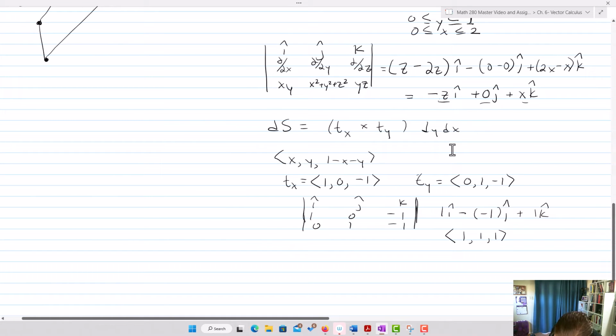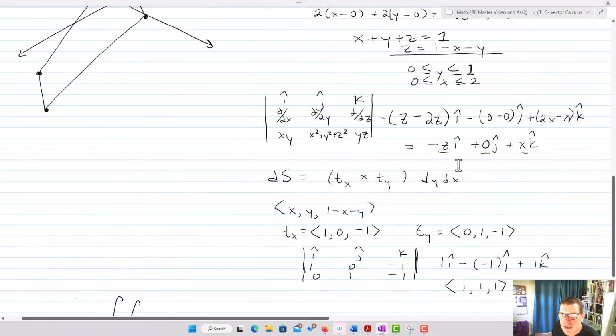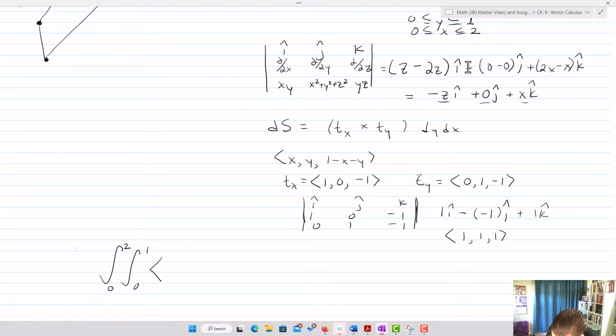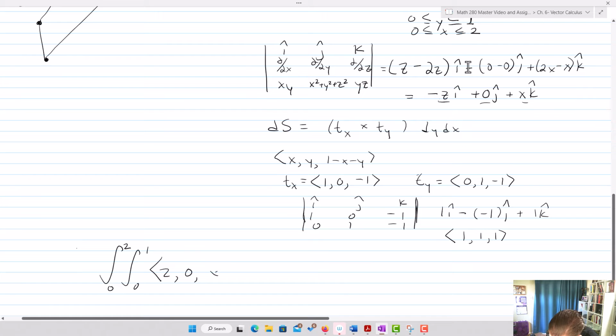Okay, so that's going to be negative z. So we're going to get the double integral. We're going to go our y value 0 to 1, our x value 0 to 2. We're going to have negative z, 0, x dotted with 1, 1, 1, dy dx.